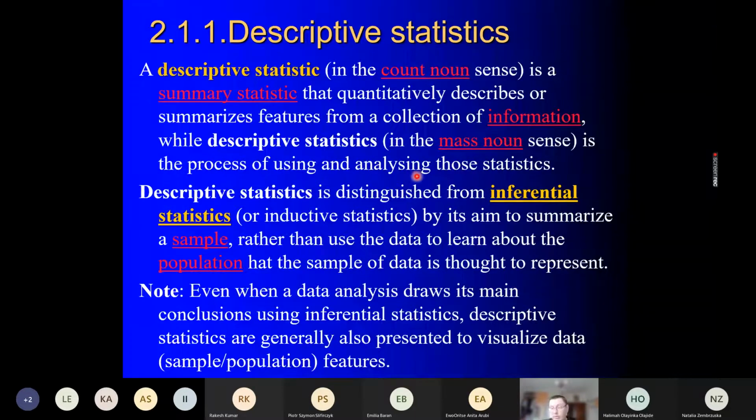Okay, so to summarize, descriptive statistics, or summary statistics, quantitatively describe and summarize features from a collection of data. Actually, the term data is even more correct than information in this case, because descriptive statistics give us information from our sample data.